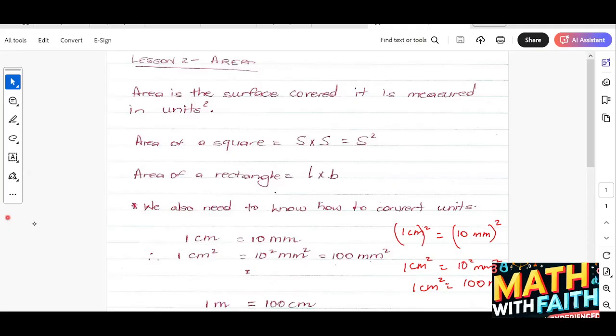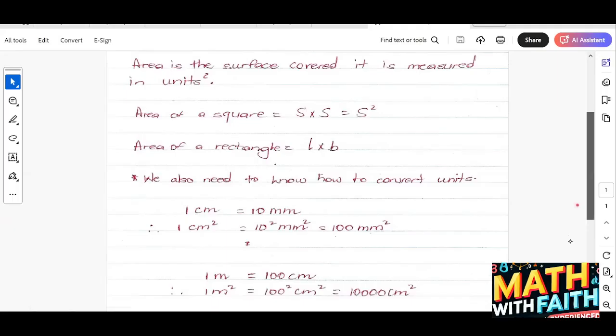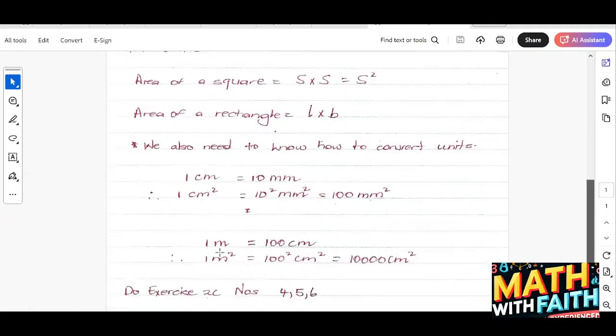Similarly, if we have 1 meter is 100 centimeters, and we want to square that, how are we going to do that? 1 meter is 100 centimeters. So 1 meter squared, we're squaring the whole thing, right? 1 meter squared is equal to 100 centimeters, everything squared.